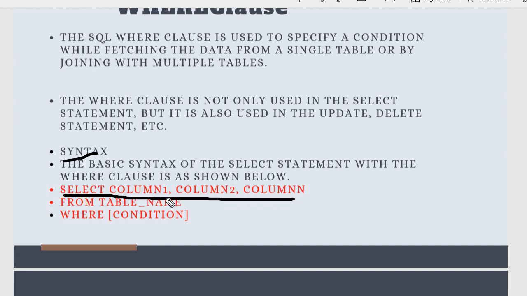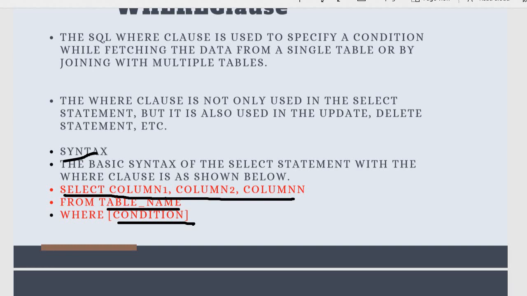You want to select some columns, column 1 to column n, as many columns as you want, from that particular table name, where the condition could be, if you want salary greater than 200, or the name is equal to Anita or any other name, so it will fetch that particular column.